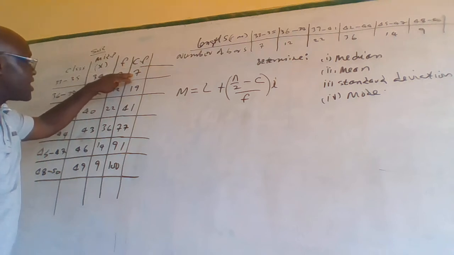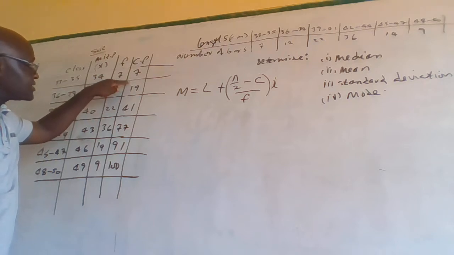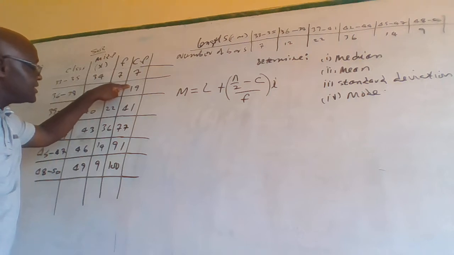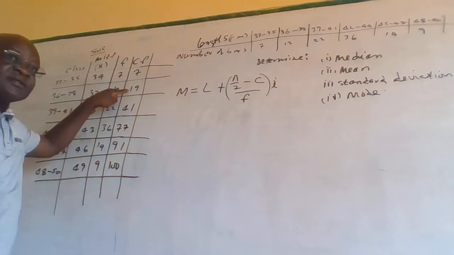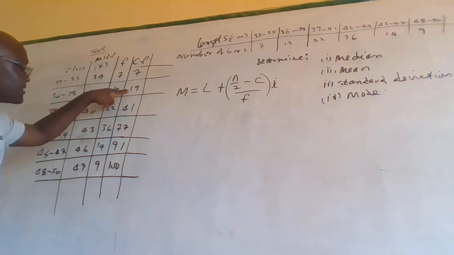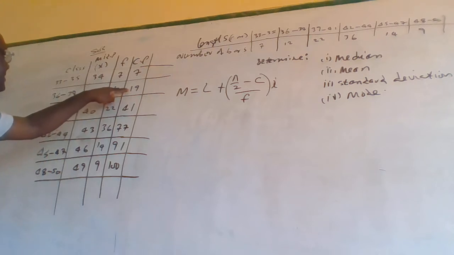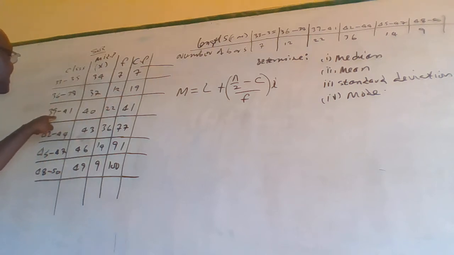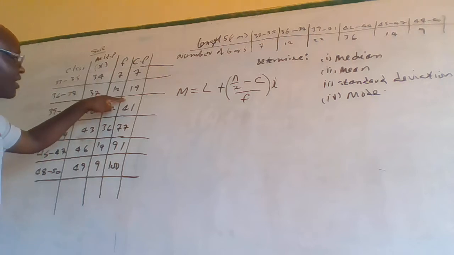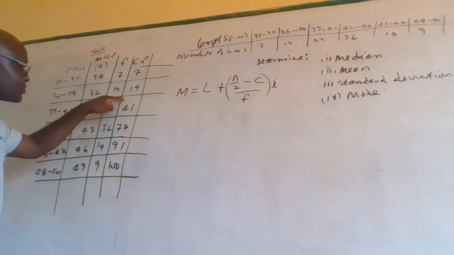The second class takes us up to 19. Then the class 39 to 41 takes us up to 41.